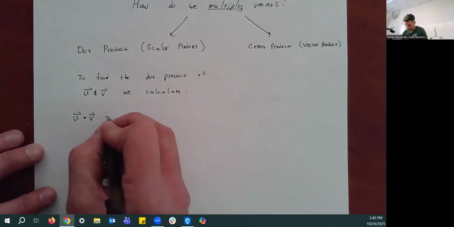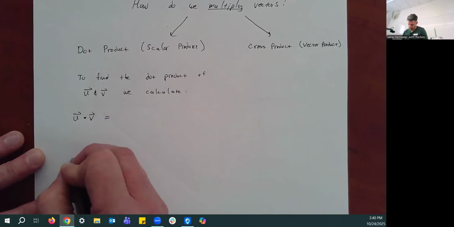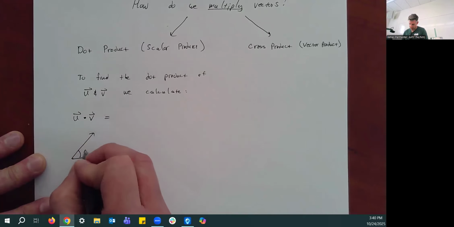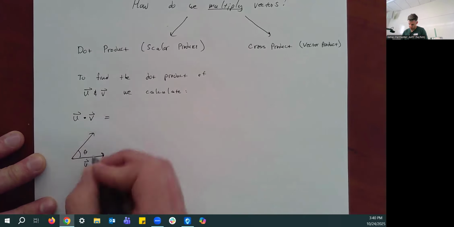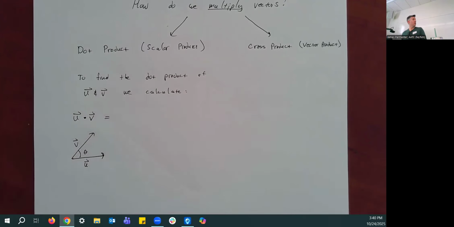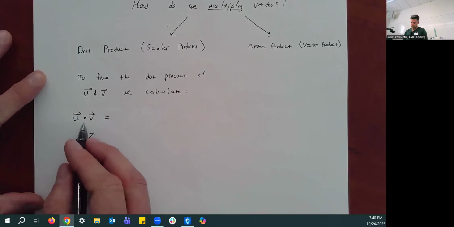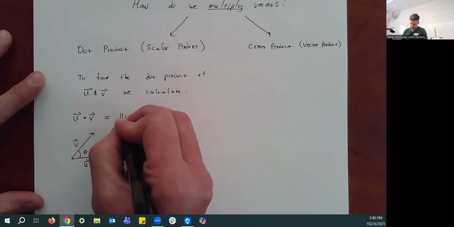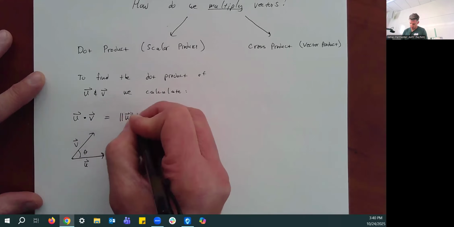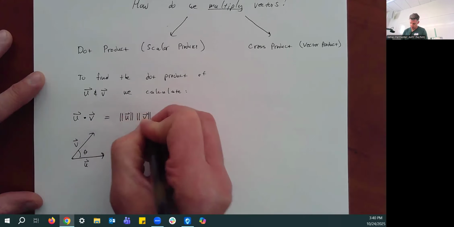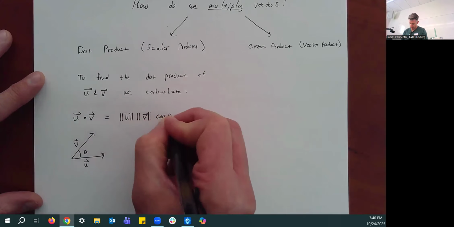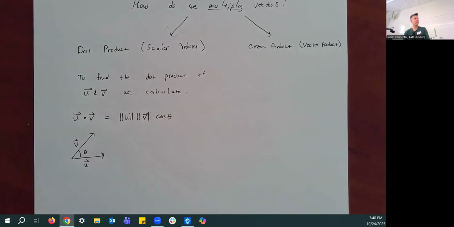If you happen to know the angle between U and V, which we usually won't, you can calculate U dot V as the magnitude of U multiplied by the magnitude of V multiplied by the cosine of the angle between the two vectors. This is how we define the dot product, but it's not how we usually calculate it.